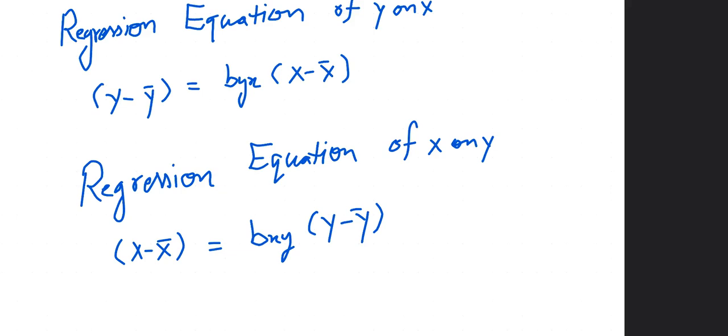Now let us do one question to understand this well. Above we have done the regression coefficient when we have direct values of standard deviation and correlation coefficient.